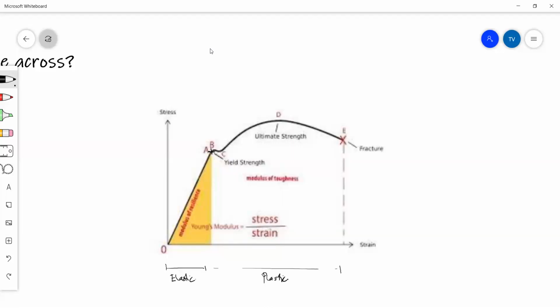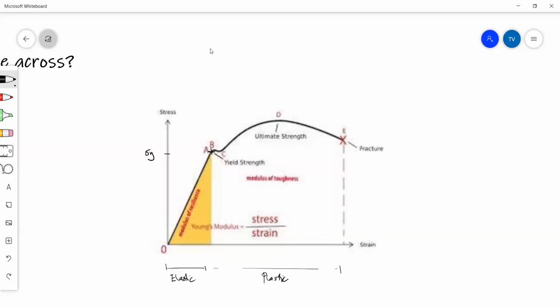So there is a certain point where this is no longer a directly proportional relationship. And this point is called the yield stress. And once the material experiences the yield stress and we further increase the load, our material begins to experience plastic deformation.